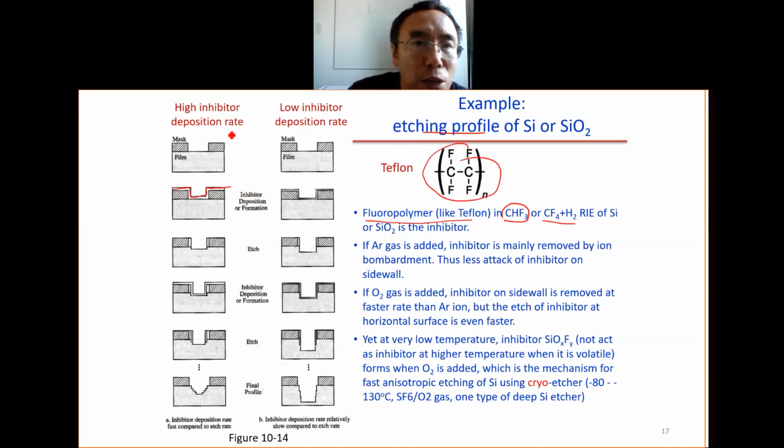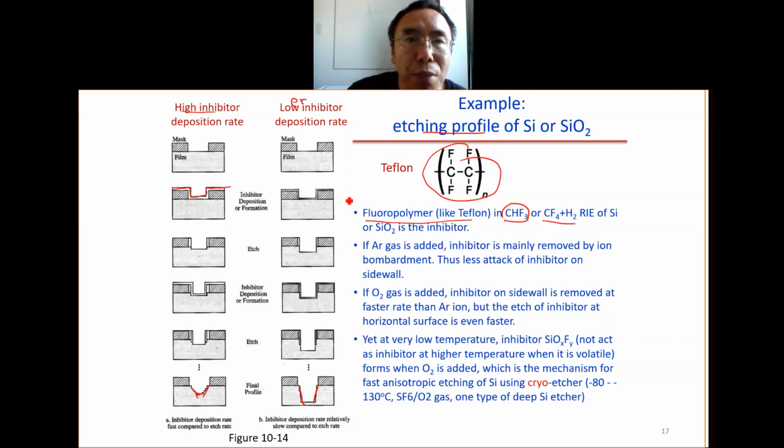You can see that when we have a high inhibitor deposition rate, the profile will tend to be tapered like this. When we have a lower inhibitor deposition rate, the profile will be more vertical.